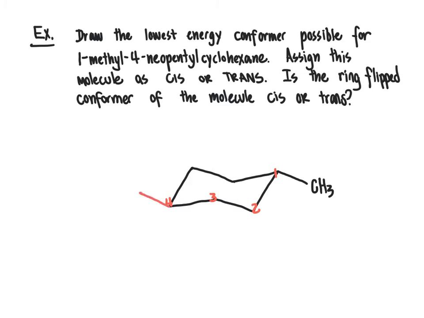So we come over here, and equatorial is where we're going to put this group. It's a neopentyl group. A neopentyl group has 5 carbon atoms in total, and it has a tert-butyl group as the next to the last carbon of the chain, like so. A tertiary carbon. So we have a total of 5 carbon atoms in this neopentyl group.